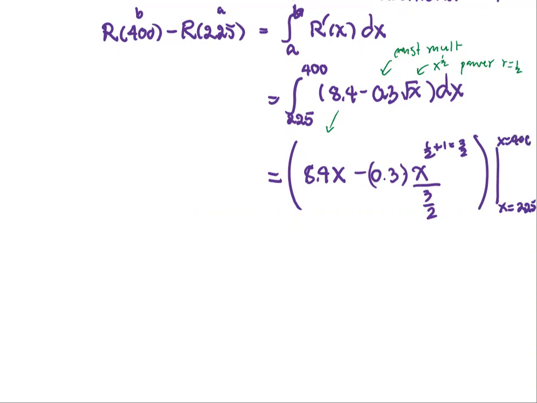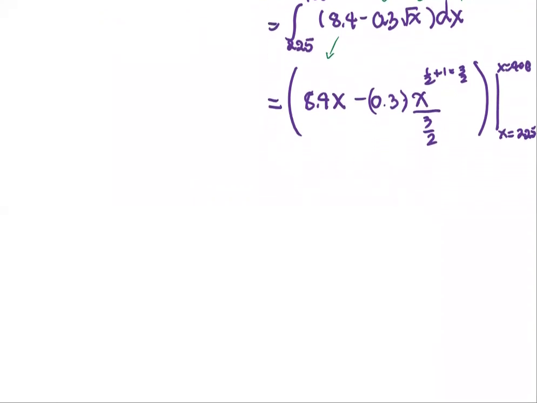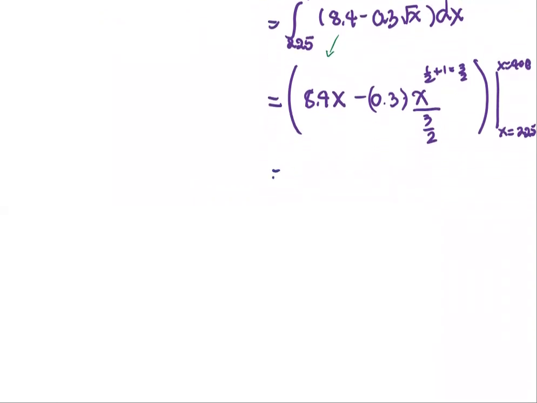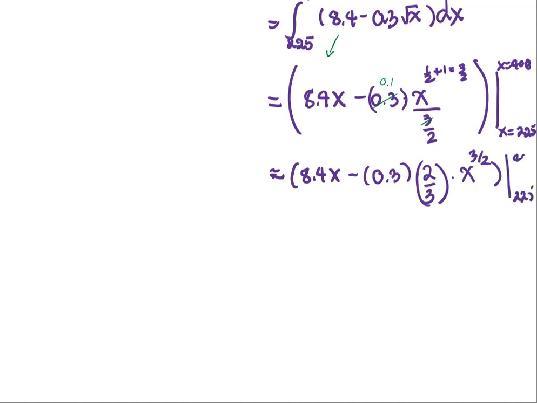The next step, we simplify to make it into a less complicated form before we replace the numbers in. The first term has no change, so we have 8.4 times x. For the 0.3 and 3, it should be reduced to 0.1 multiplied by, dividing by 3/2 means multiplying by 2/3. Let me put in more detail: 0.3 times 2/3, instead of dividing by 3/2, multiplied by x to the power 3/2, computed from 225 to 400.